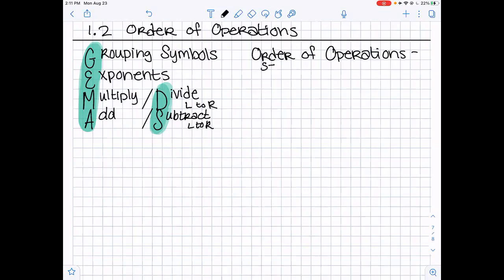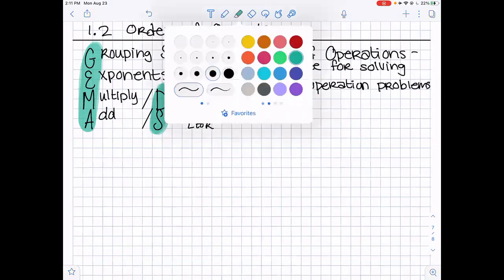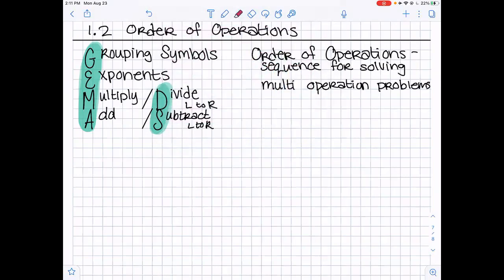It's a sequence for solving multi-operation problems. Grab your pink highlighter or whatever your vocab highlighter is, and highlight order of operations.